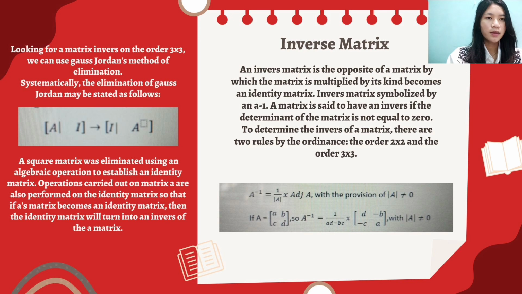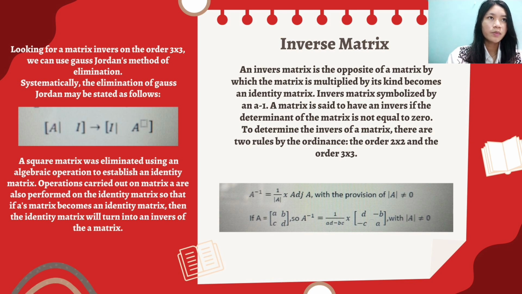Okay, next, let's explain the inverse matrix. An inverse matrix is the matrix by which the original matrix is multiplied to become an identity matrix. The inverse matrix is symbolized by A to the power of negative 1.